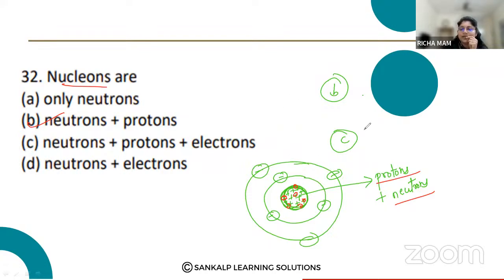We have seen the representation, right? In the center, the nucleus is present. In it, positively charged protons and neutral neutrons are there.